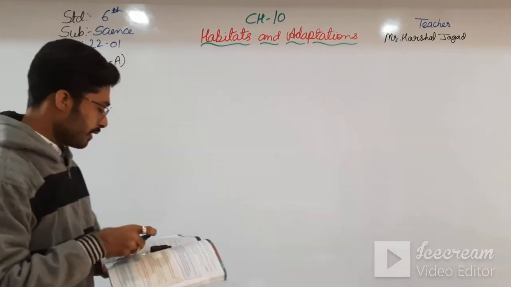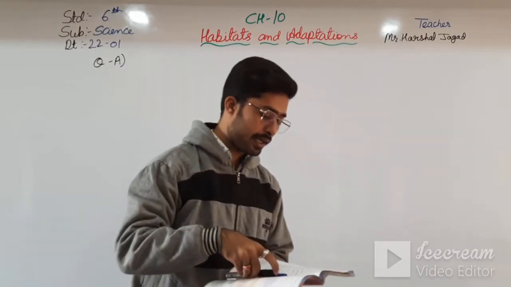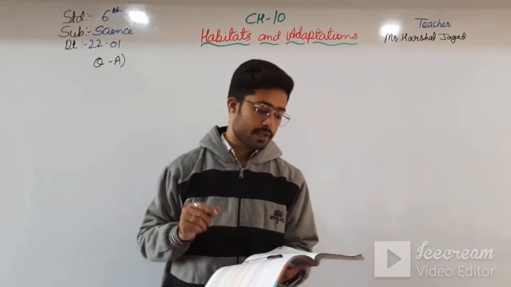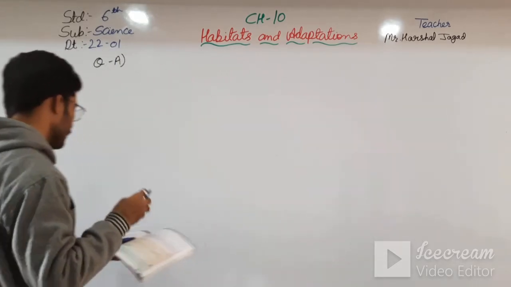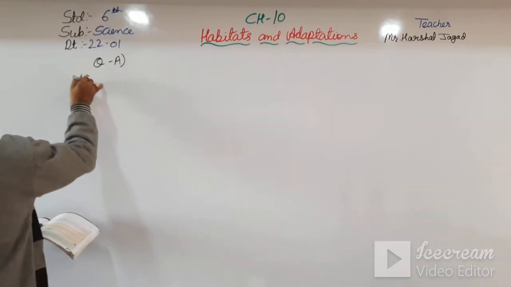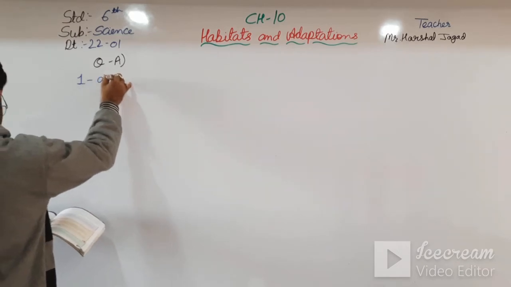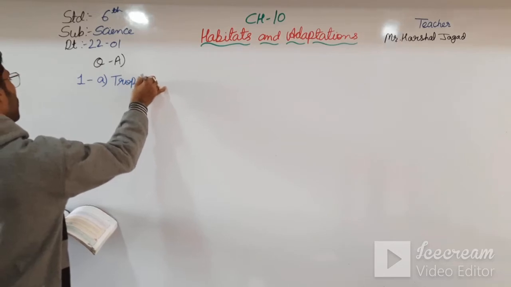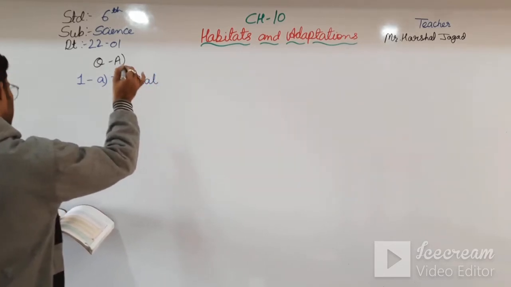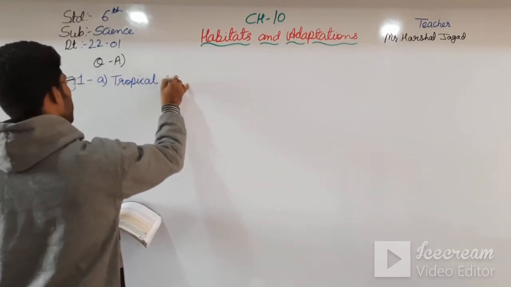The first one: orchids are commonly found in dash: tropical rainforest, boreal forest, polar region, grasslands. So in the first one, your answer will be A, that is tropical rainforest.